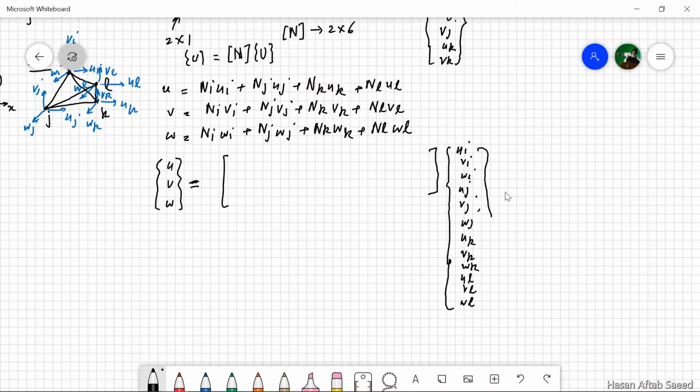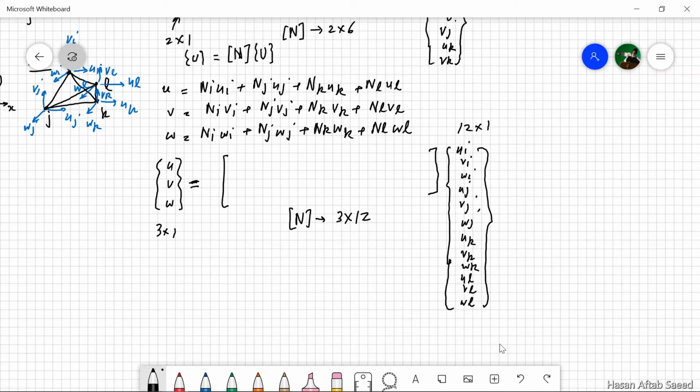You have these 12 components because there are 4 nodes and each node has 3 degrees of freedom. So this is 12 into 1, this one is 3 into 1, so this n matrix has to be 3 into 12.